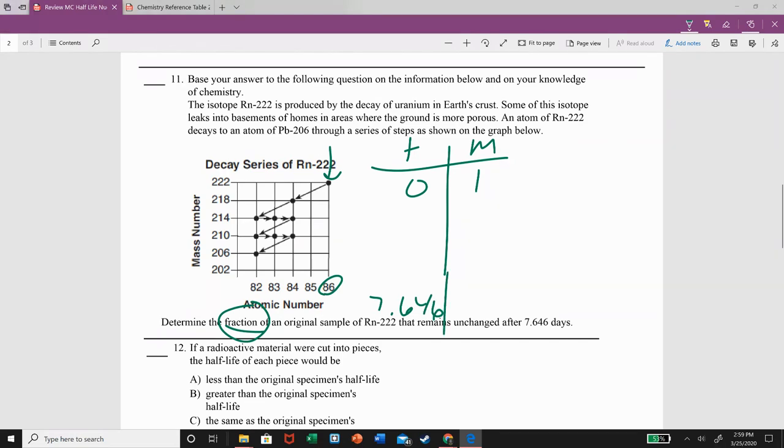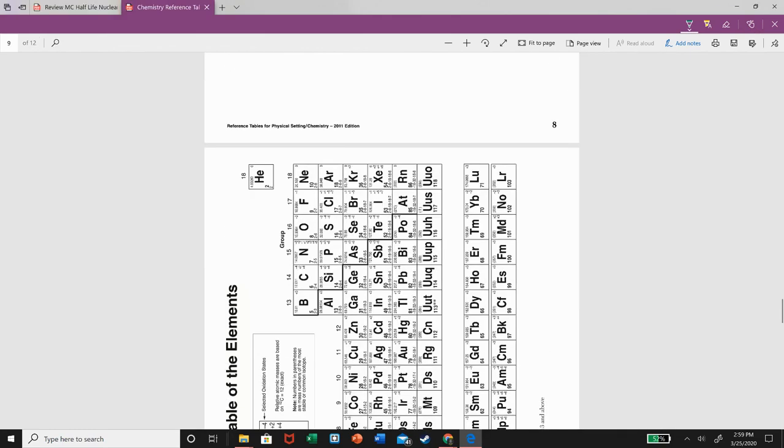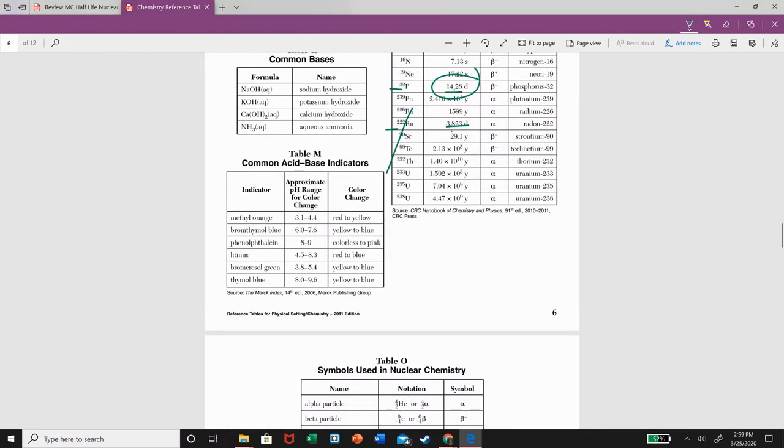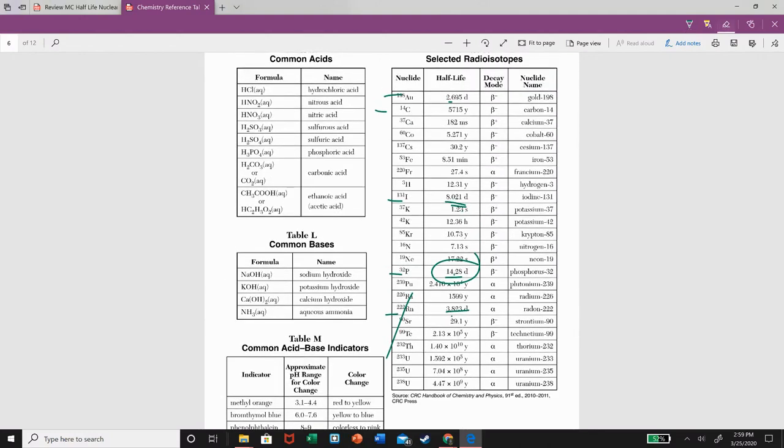I'm figuring out what the fraction is. First I have to figure out the half-life of radon-222. Is radon-222 in my reference tables? Let's go back to my Table N and see if that's in here. Radon-222 is there.